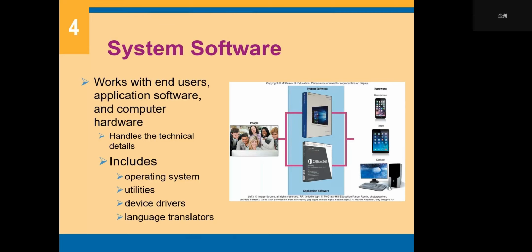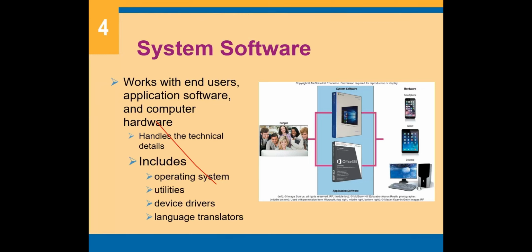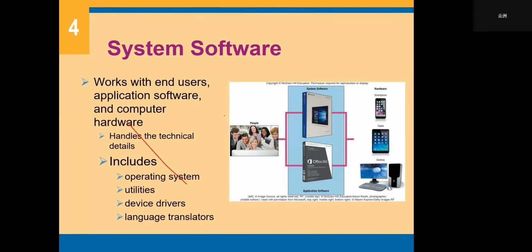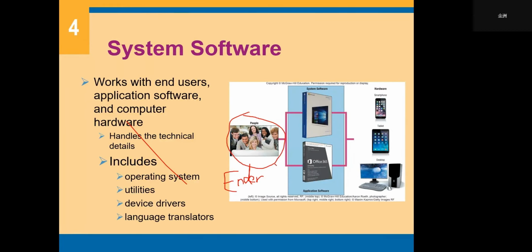So the end users, meaning the humans, all of you, right? We mainly focus on the application software, such as the PowerPoint I'm using or Microsoft Word, something like that, or the audio program which is playing your music.